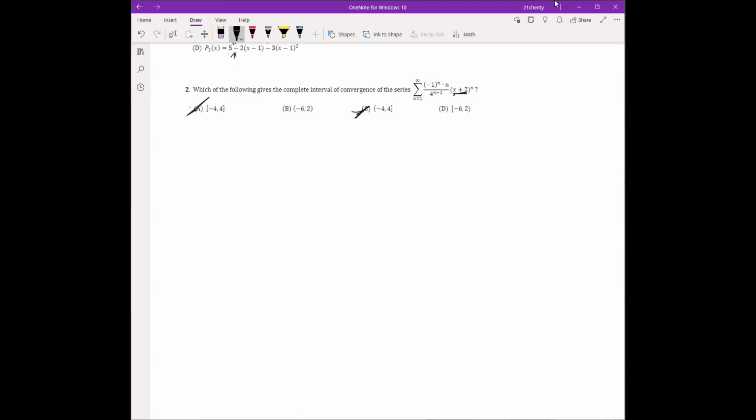Now, for this next part, I guess we just have to test if the series converges or diverges at x equals negative 6. So let's write everything out.